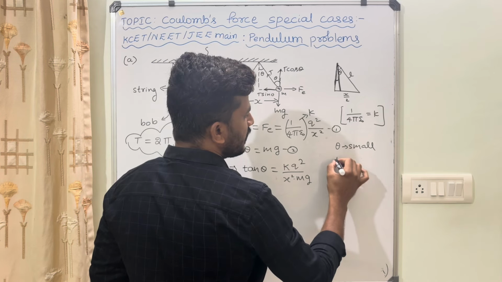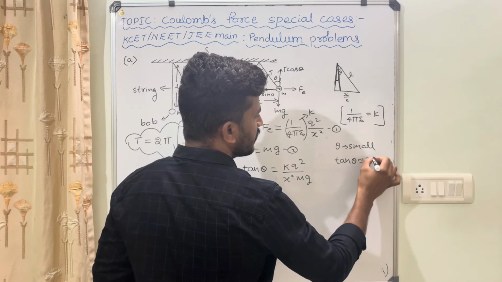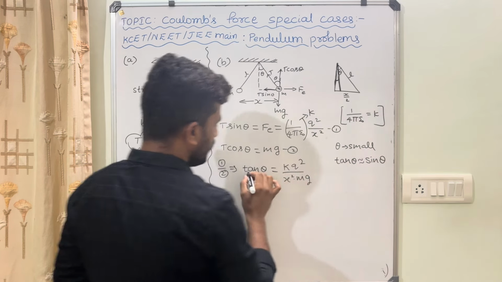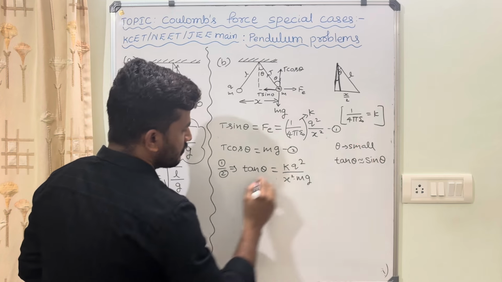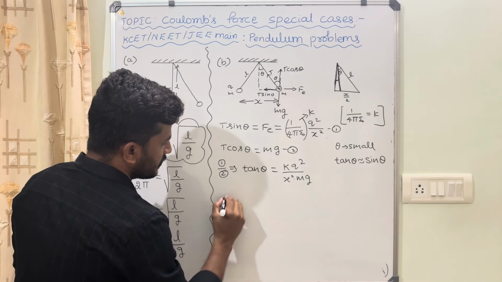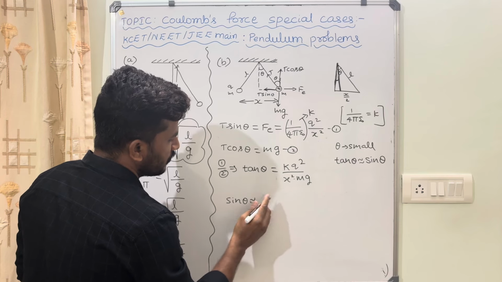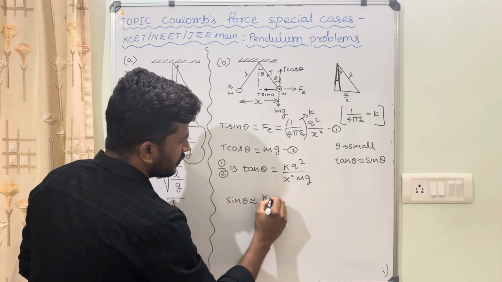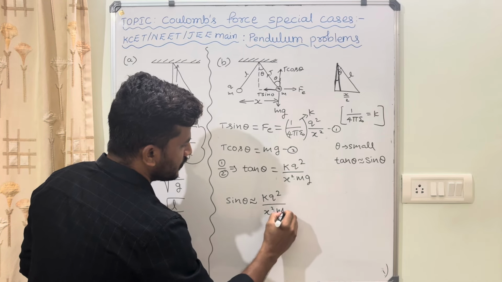So we can write sin theta in place of tan theta. So here I will write sin theta for small angles. For theta small, we will write sin theta, which is almost equal to k q square divided by x square mg.